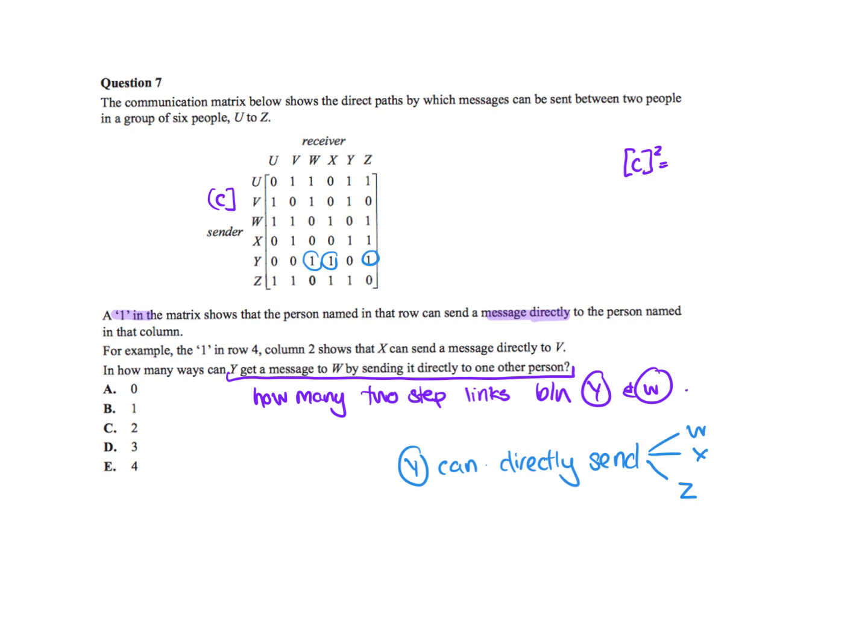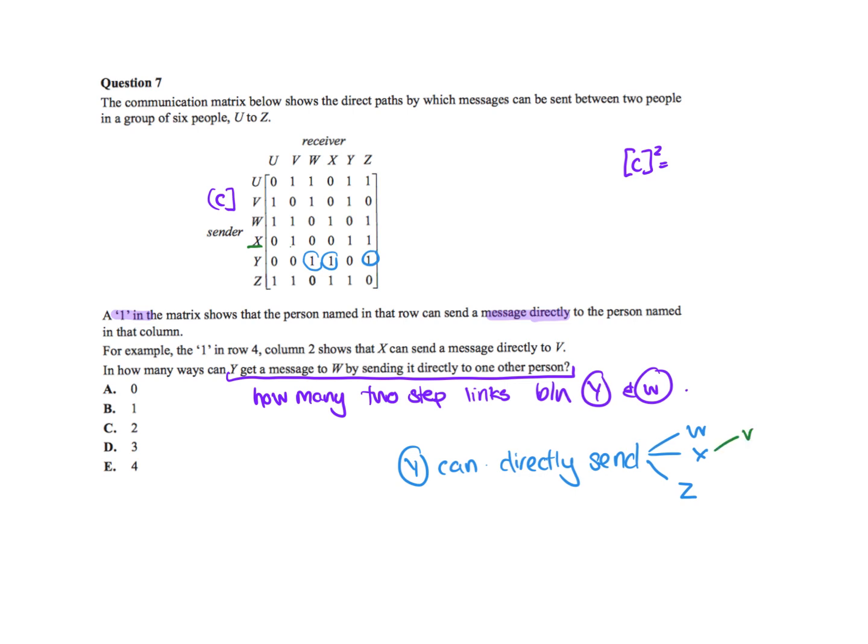Okay. So then we want to go to W. So it's not going to be 2 steps to W, so we're looking at X and Z. Now, can X send a message to W? No. So X can't send it.